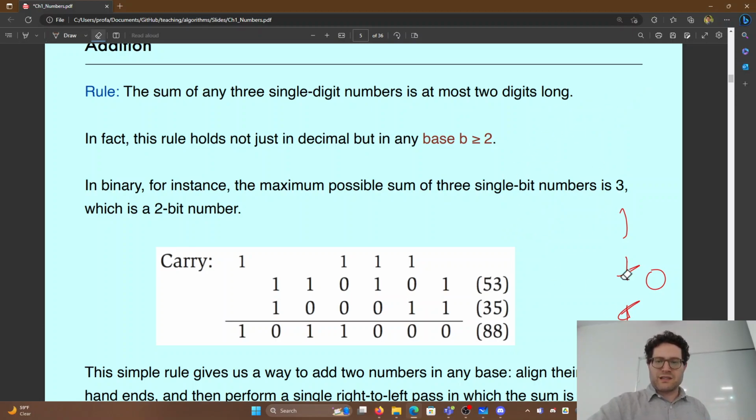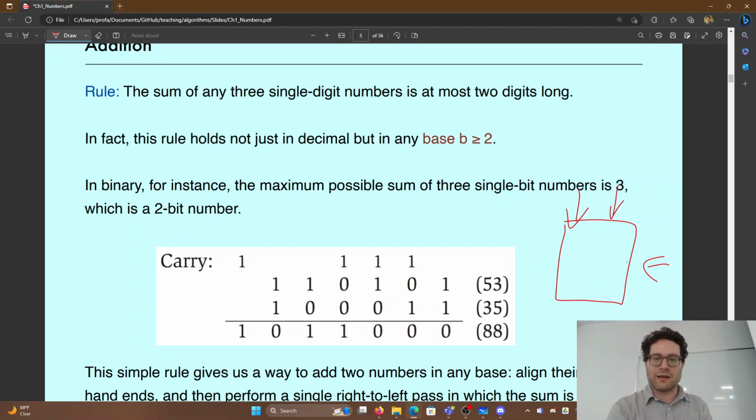This is useful because when we build adder circuits, they only need to take in 3 things. So a full adder takes in input A and input B, which are either a 1 or a 0.